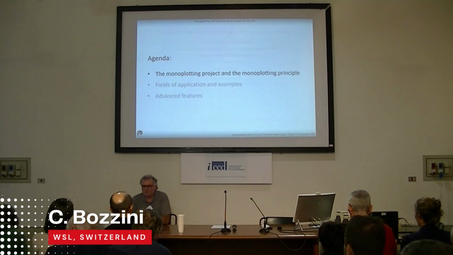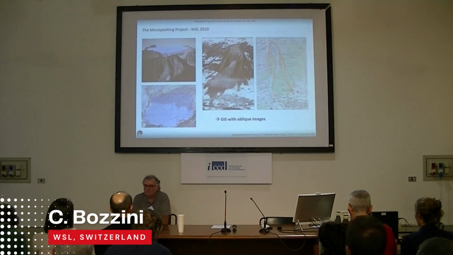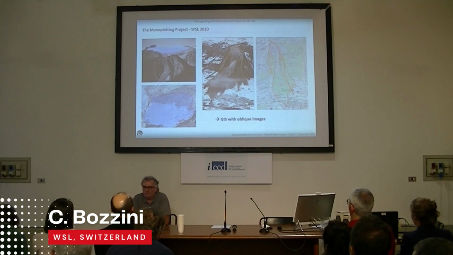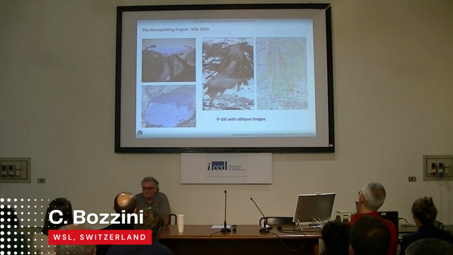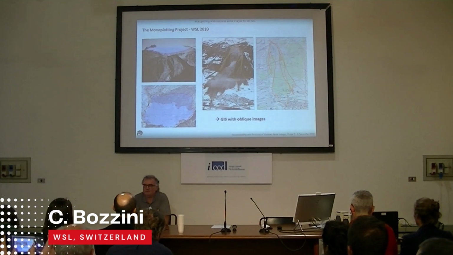So, the monoplotting project. The WSL monoplotting project began in 2010 with the goal of finding a way to use oblique photographs, particularly historical photographs, for quantitative landscape study. In other words, we wanted to make cartography with landscape photography.